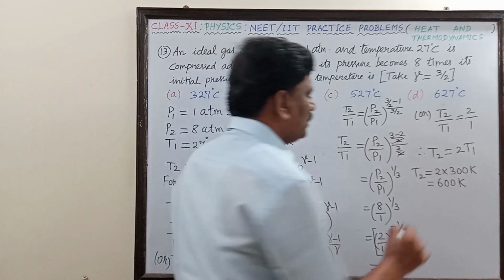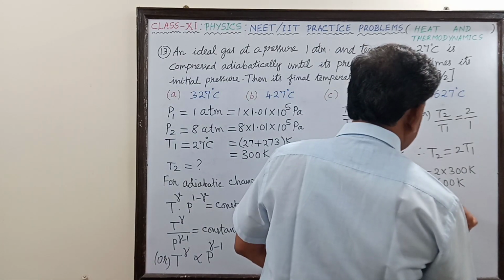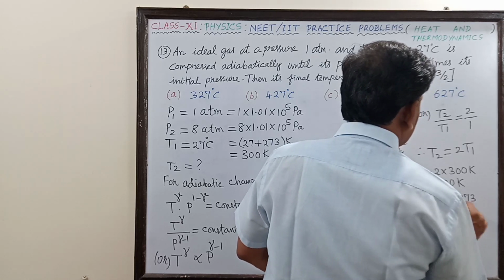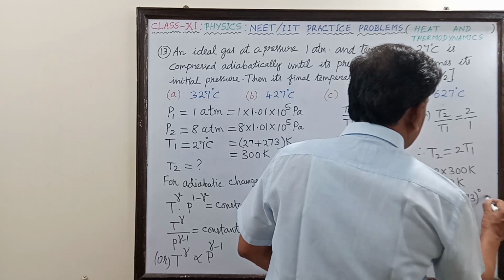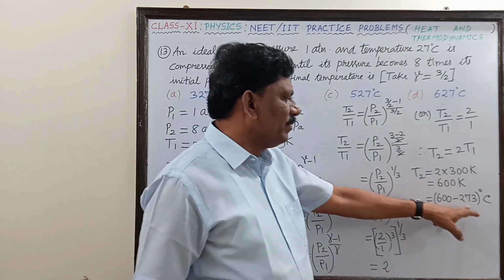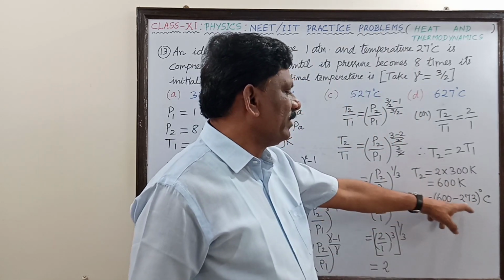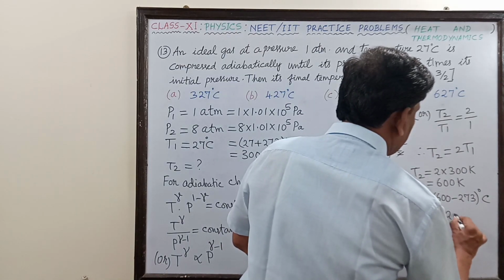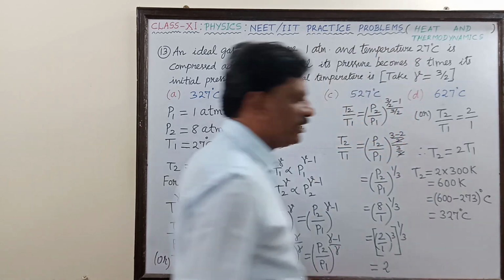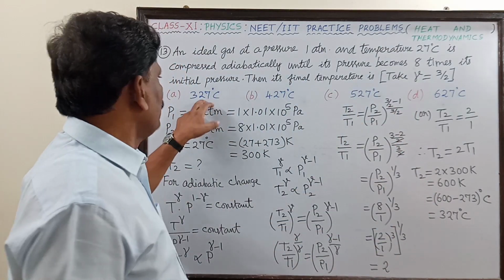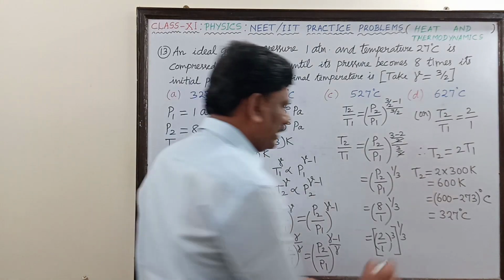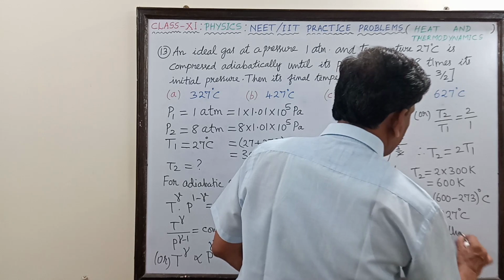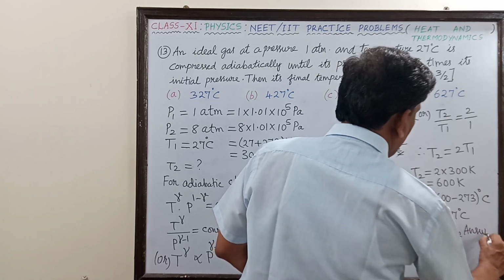So this is also equal to 600 minus 273, which is in degree Celsius. So Kelvin minus 273 will come as 327. So this is equal to 327 degree Celsius. This is the right answer. So option A itself is the correct answer. Therefore option A is the correct answer.